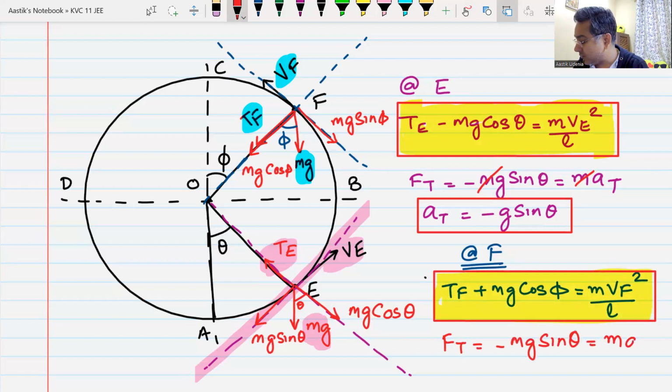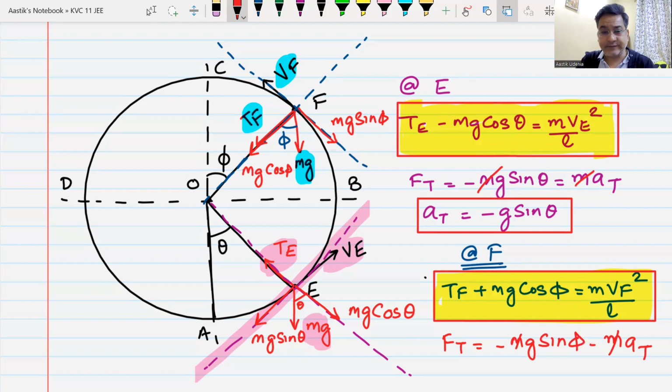That will be equal to m into a_t, and from here you will get the tangential acceleration again as minus g sin phi. We understand this, everyone? Sorry, sin phi, I made a mistake. I'll give you now two minutes. Note it down very carefully on your own.